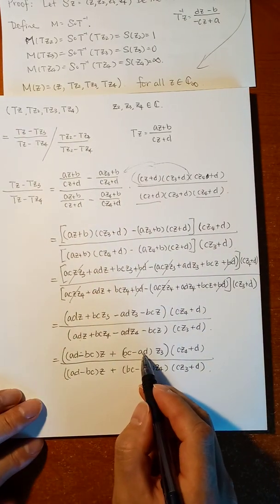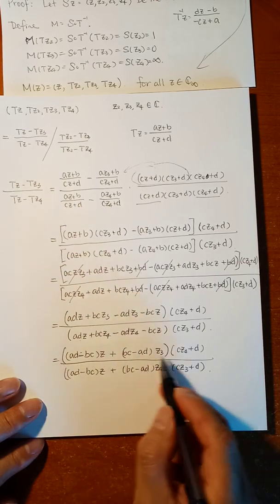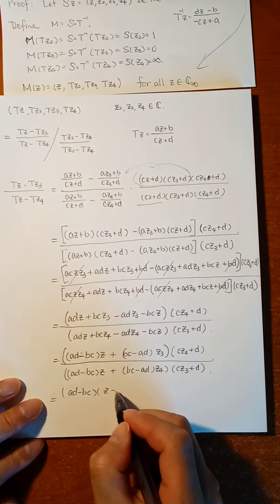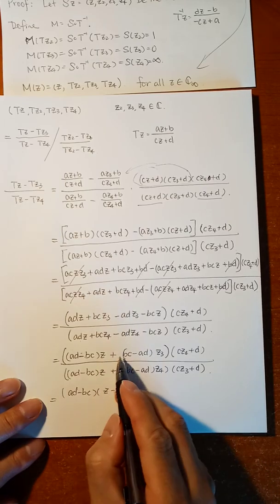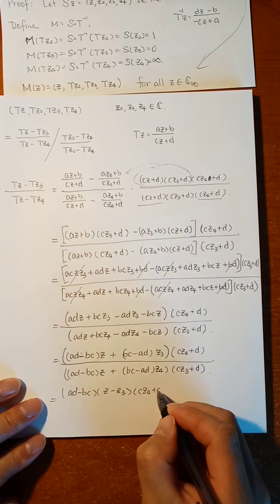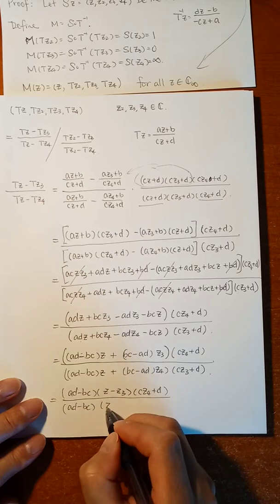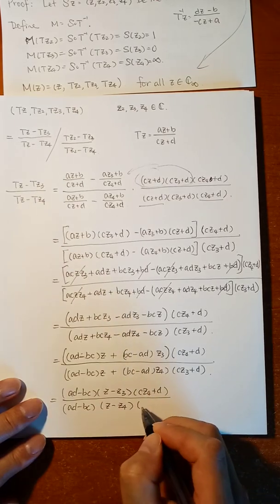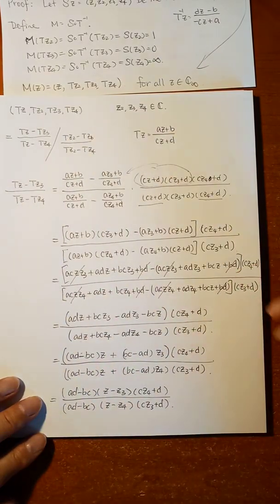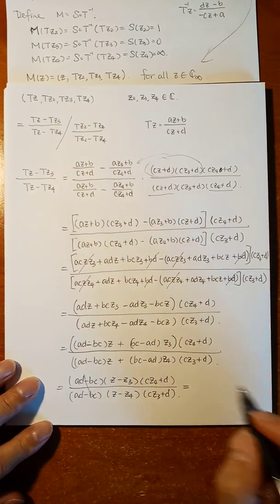And you can see bc minus ad, ad minus bc, you change it to be a minus sign. This is ad minus bc. You can factor it. So you will get (ad minus bc)(z minus z3)(cz4 plus d), and (ad minus bc)(z minus z4)(cz3 plus d). Okay, remember T is a Mobius transformation, ad minus bc is not 0, so you cancel them. So eventually, what do you get?